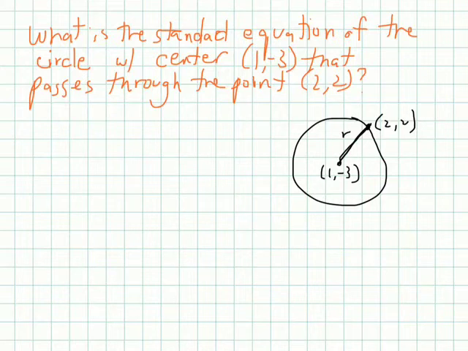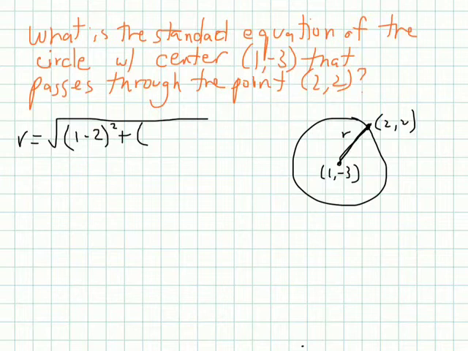Well, the radius is going to equal the square root of (x2 minus x1), so let's call that (1 minus 2) squared, plus (y2 minus y1), so let's call that (-3 minus 2) squared. And again, we're just talking about x2 minus x1, so 1 minus 2, and y2 minus y1, -3 minus 2.